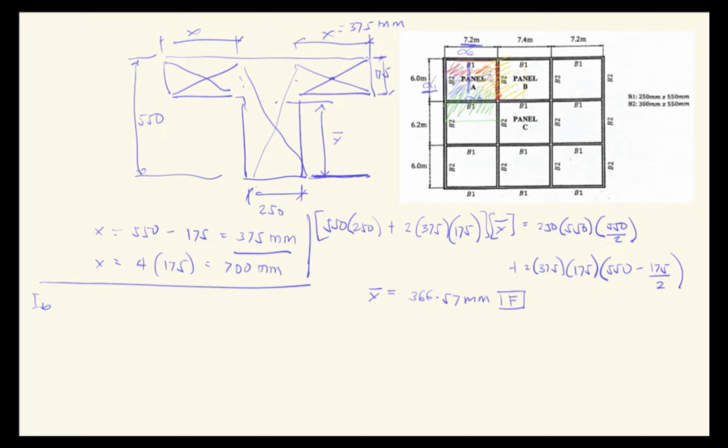So this would be equal to, starting off with the beam cross section, 250 multiplied by 550 cubed over 12 plus the area multiplied by the distance between the centroid and that of the centroid of the cross section.